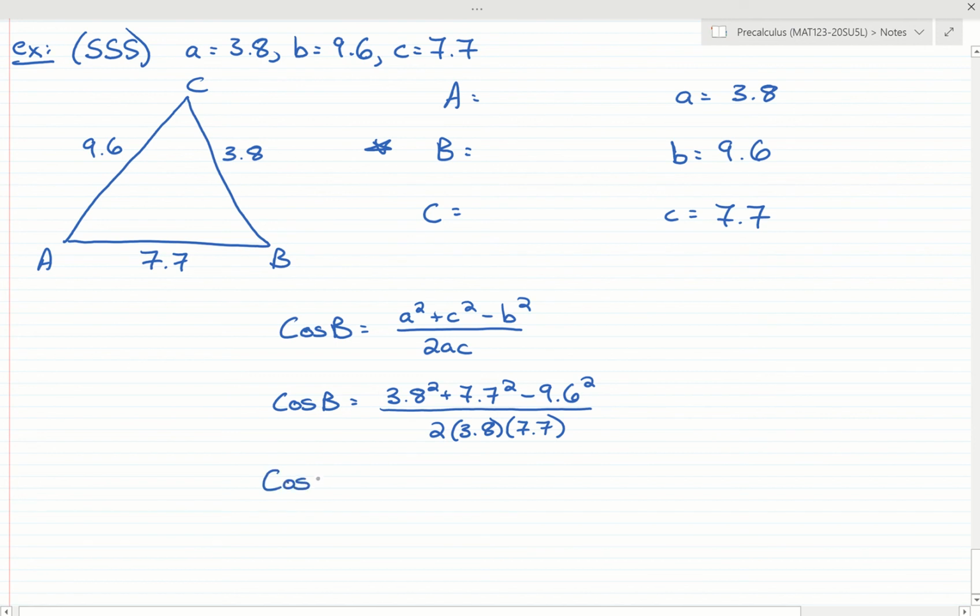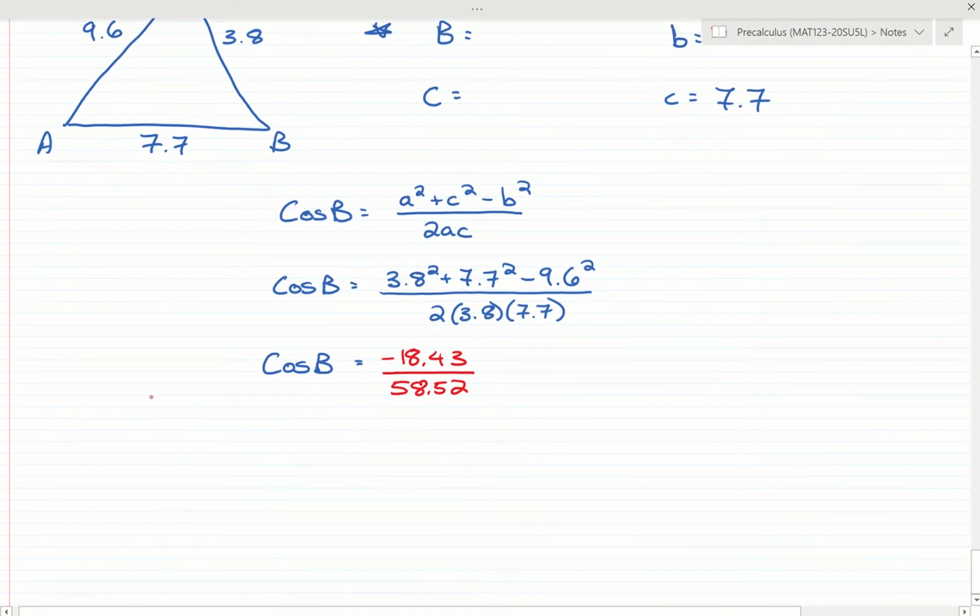Now, it could get a little tricky to type this into your calculator. You don't want to do this all at once. Let's just do a numerator and then we'll do the denominator. So 3.8 squared plus 7.7 squared minus 9.6 squared. This comes out to negative 18.43. And then we'll do our denominator. 2 times 3.8 times 7.7 is 58.52.